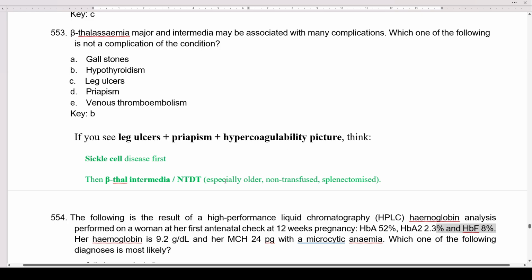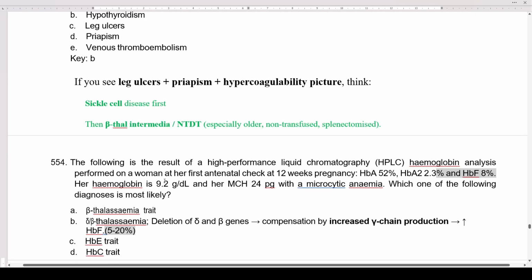But these are also associated with beta thalassemia intermediate, the non-transfusion dependent one, especially if the patient is older, non-transfused, and the spleen has been removed. So just remember these two differentials for these symptoms. Beta thalassemia intermediate is also a hypercoagulable state.